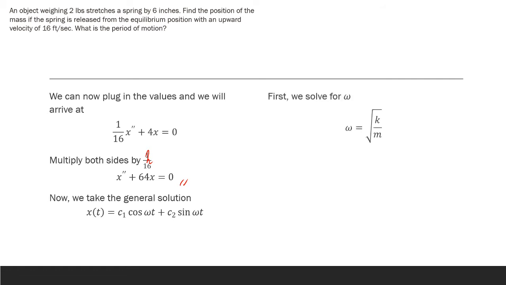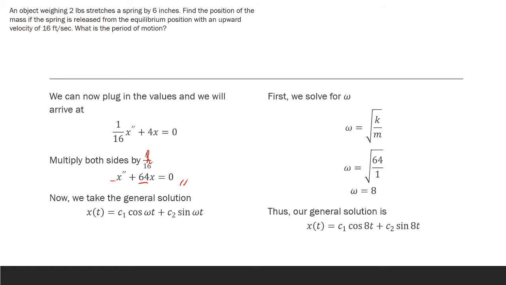Wherein, yung omega natin is equal to the square root of k over m. K natin is 64, m natin is 1. So, therefore, we will have the square root of 64 and that's 8. So, that is our omega. Now, substituting that, our general solution is x of t is equal to c1 cosine 8t plus c2 sine 8t.